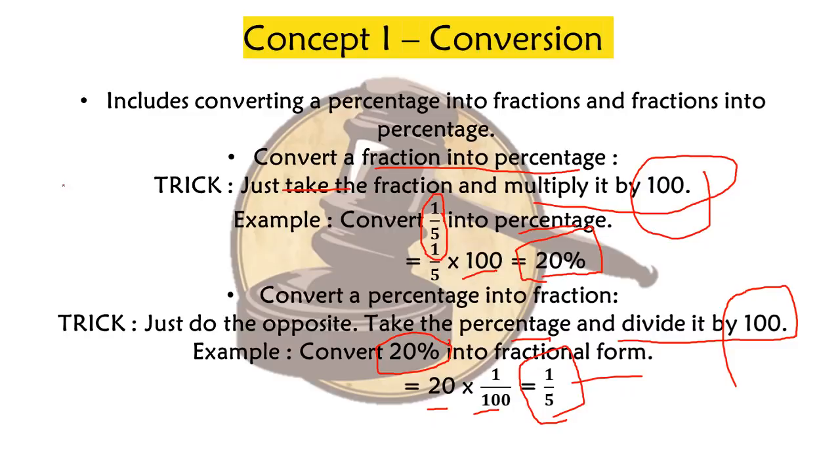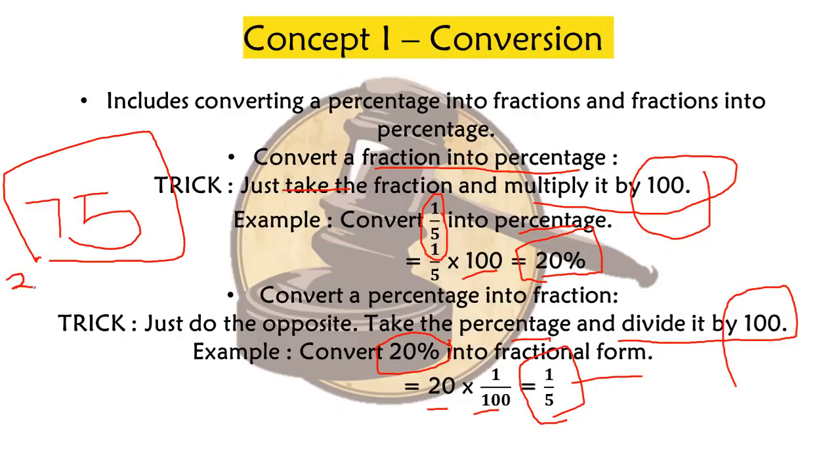And now I'll also suggest that you take important percentages, like for example, let's say 75%, and you convert it into fraction. So 75% will basically be 3 by 4. So you take such important percentages, for example 75%, 50%, 25%, 10%, and you convert them into fractions.